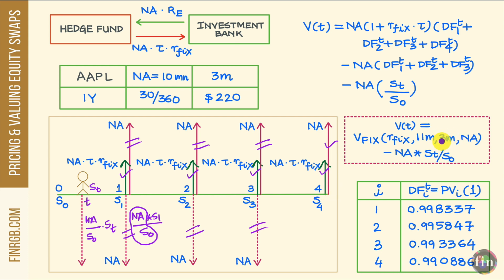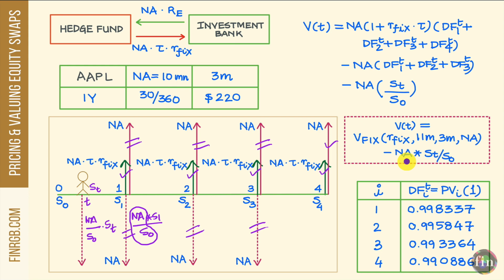Periodicity of coupons is 3 months. Face value is NA, $10 million, minus NA times the price of my reference instrument, this stock at this point in time, divided by the price at the beginning of this period within which I am currently positioned, and that was S0.